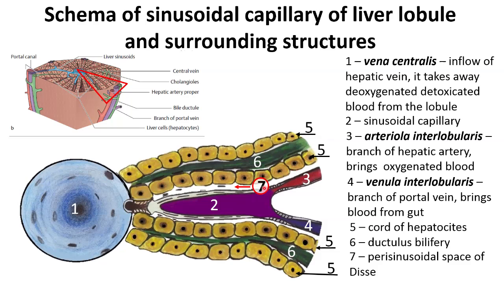So number 7, the space designated using this red arrow, is sometimes called according to the author who revealed it. We use the name perisinusoidal space of Disse, space of Disse, or perisinusoidal space.